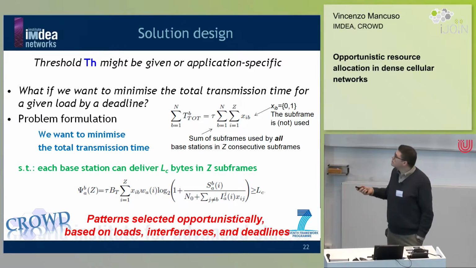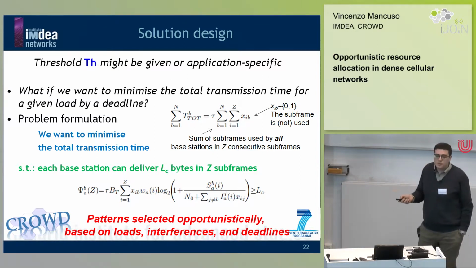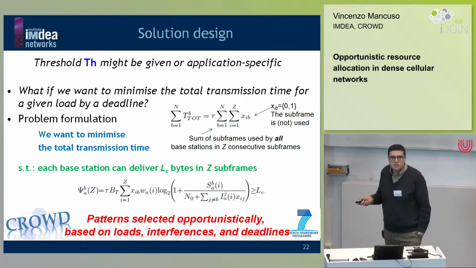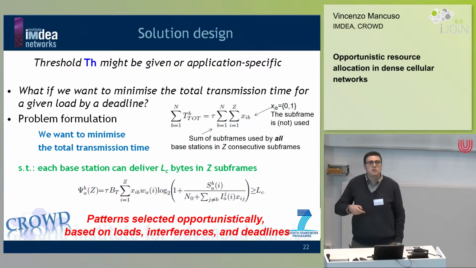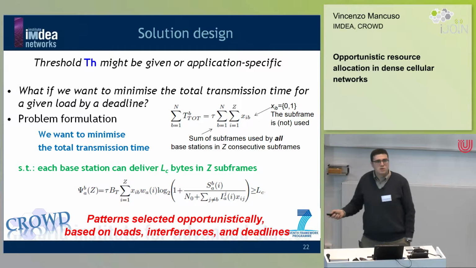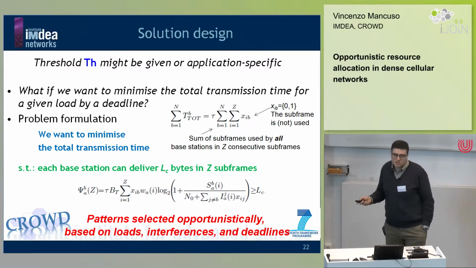If you have that information, the problem of minimizing the interference becomes a problem of minimizing the time needed by the set of base stations to download all the traffic that is going to be required in the next few seconds.